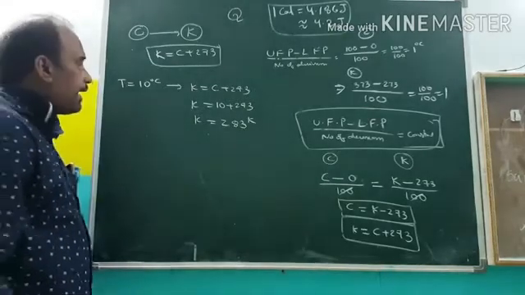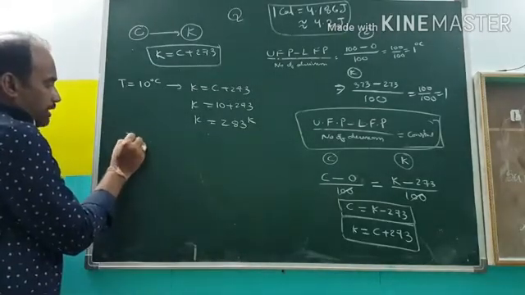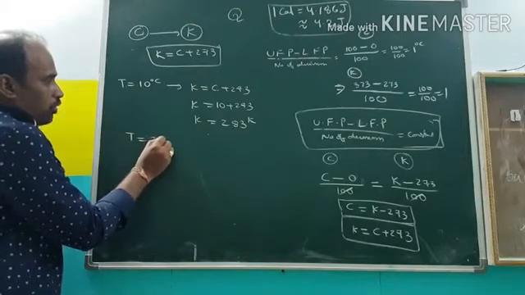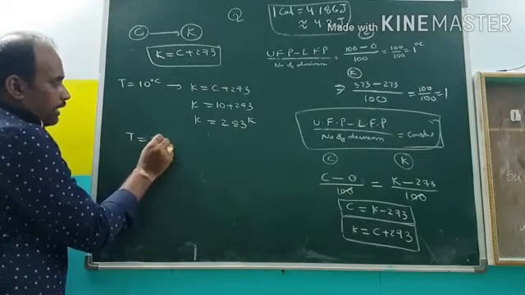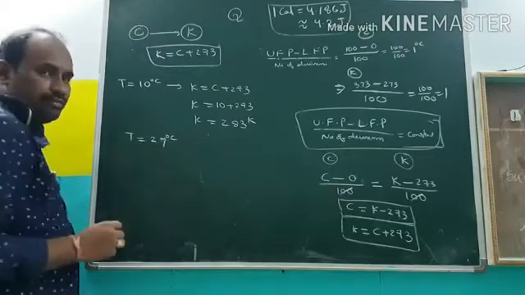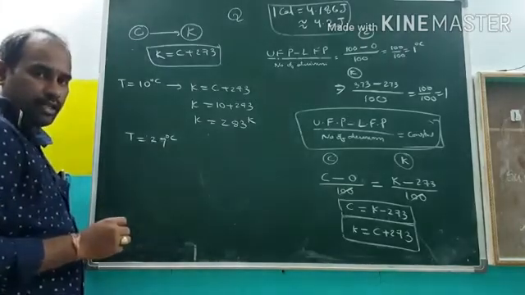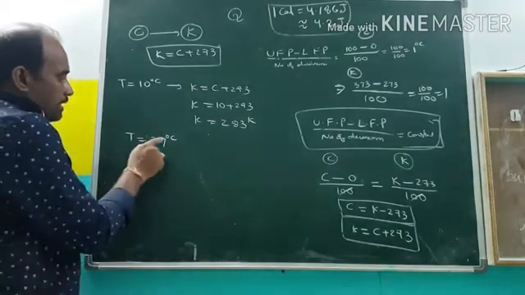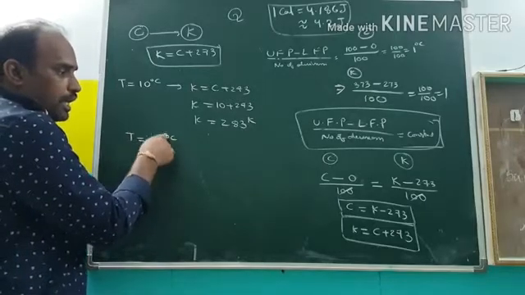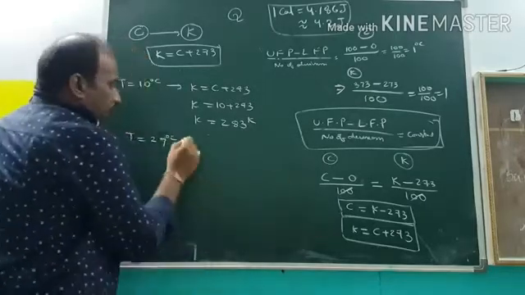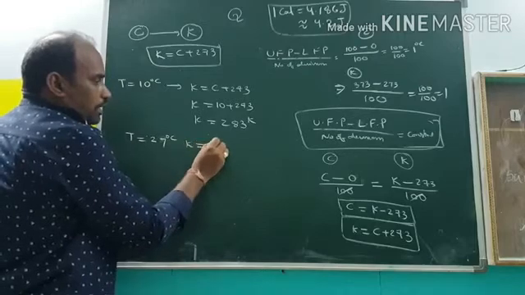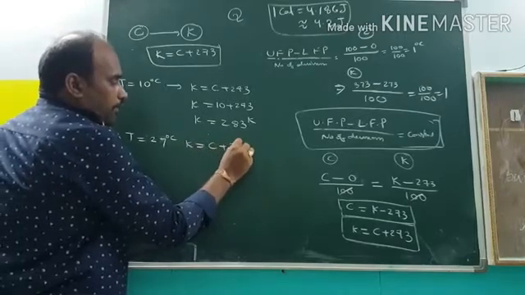Understood? Again, another temperature. For example, T is equal to 27 degrees Celsius. How do you convert it? Celsius is converted to Kelvin. What is the formula? K is equal to C plus 273.